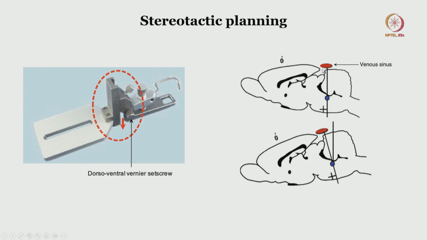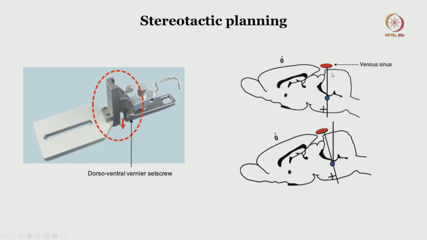Trajectory refers to the path taken by any probe that you are going to use. So, that trajectory is very, very important, and you need to make sure that you will not go through any major blood vessels which will lead to hematoma formation or bleeding, which will endanger the life of the experimental subject.